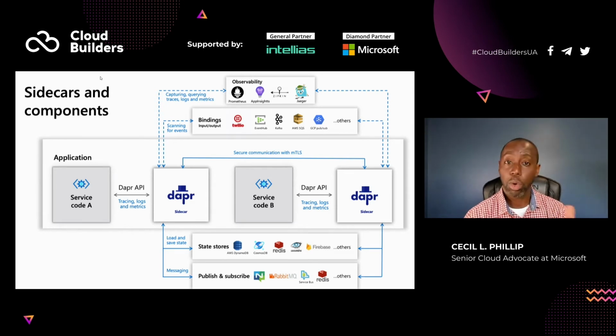So again, imagine I have a web API or a service that's processing messages off of a queue, right? Or maybe I have like a website service or something like that. Next to each of those, or next to each instance of those, we'll have what's called a sidecar, which is just a separate process that's going to be there for your application to communicate to.